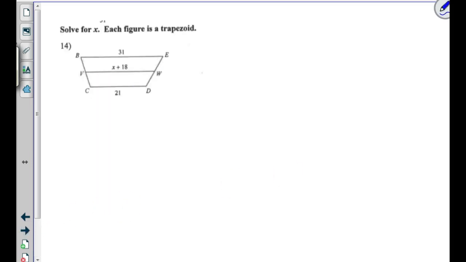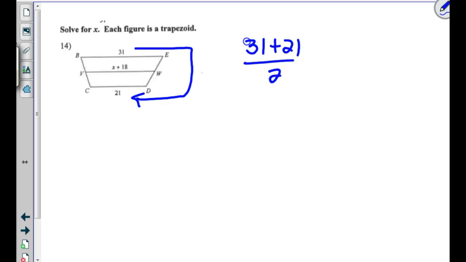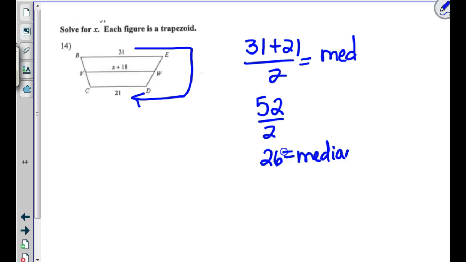All right. So here, if I know the top and the bottom, 31 plus 21 divided by 2 has to be the median in the middle. Well, if I add those, I get 52. Divided by 2 is 26. Okay, but that doesn't really give me x.